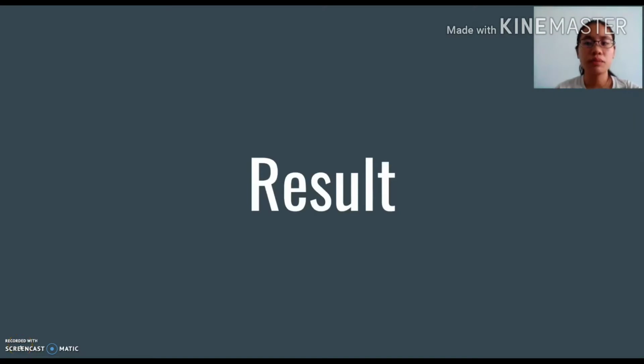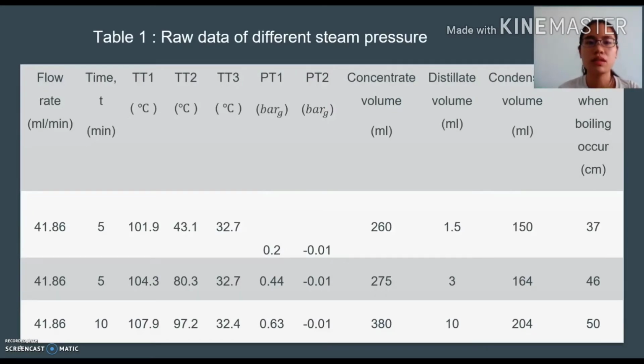Good day, doctor. My name is Yanjin, and now I'll proceed with the result part. So this is basically the raw data at different steam temperature and steam pressure. We fix the flow rate and set the steam pressure at 0.2, 0.44, 0.63, and record T1, T2, T3. T1 is the steam temperature, T2 is the separator, T3 is the temperature we cool down.